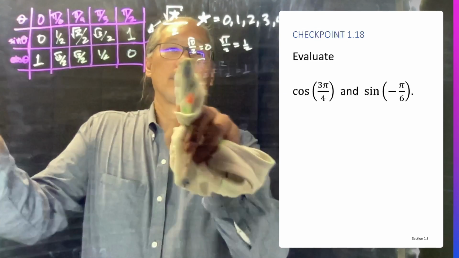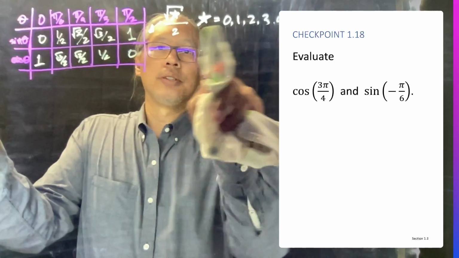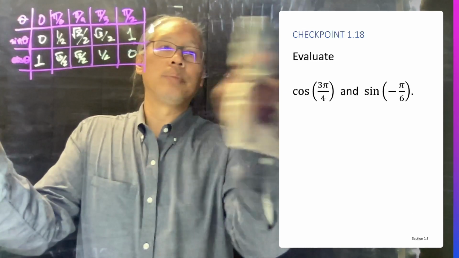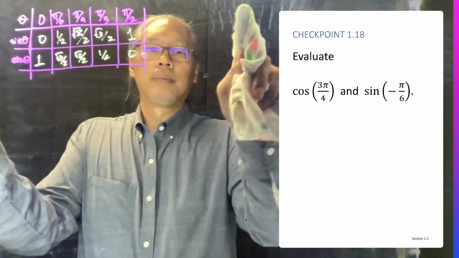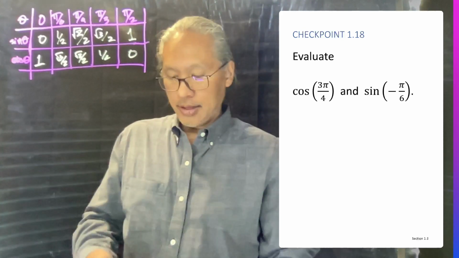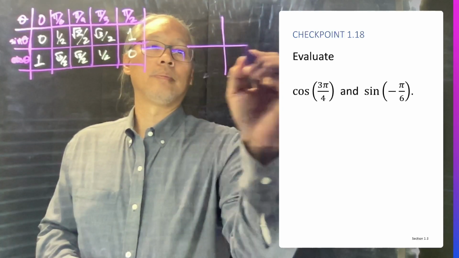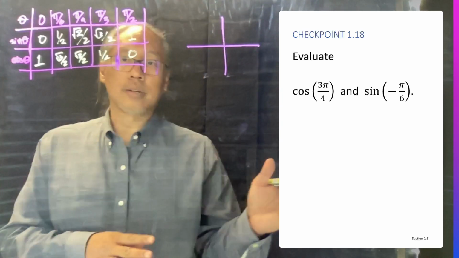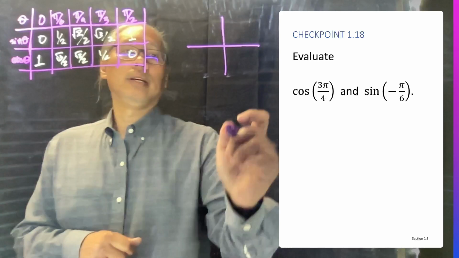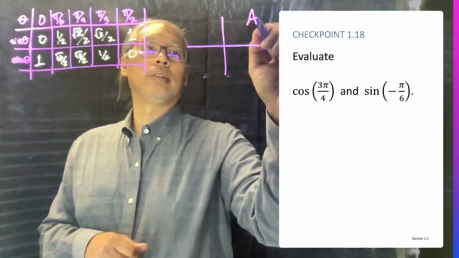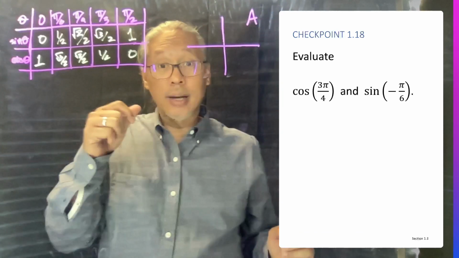All right. Next is, since we are using the reference angles, we want to be able to look at the different values from the different quadrants. And we know that these reference angles are all in the first quadrant, and in the first quadrant, they're all just going to be positive.